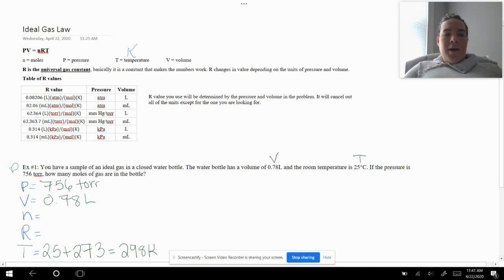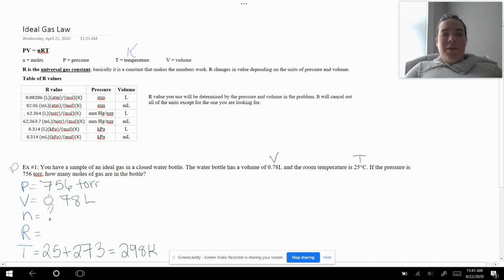And then for n and R, we're going to be finding n, because the question asks how many moles of gas are in the bottle. We don't know that one. And for R, we pick it based on our units. Looking at what we have in the problem, our pressure is torr, so that's one of these two, and our volume is in liters. So that means we're in this row.